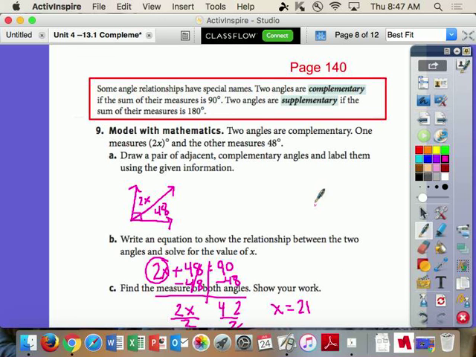Okay, so one angle is going to equal 48 degrees, right? It tells us that. The other angle is going to equal 2 times 21. So that's going to equal 42 degrees. And 42 plus 48 is 90.